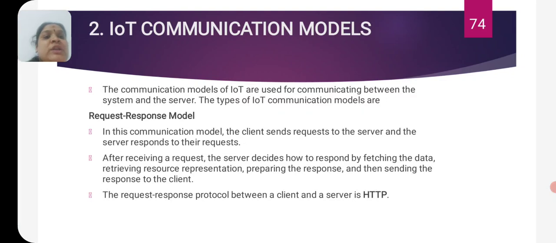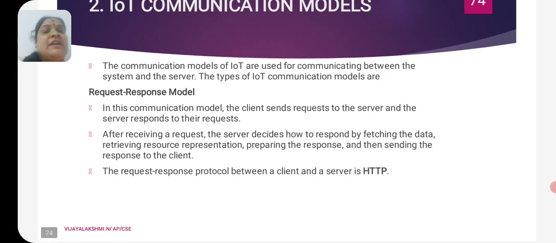IoT communication model. The communication models of IoT are used for communicating between the system and the server. We have several types of models here. One is the request-response model, where it works as a client-server model. The client sends the request to the server and the server responds back to the client.